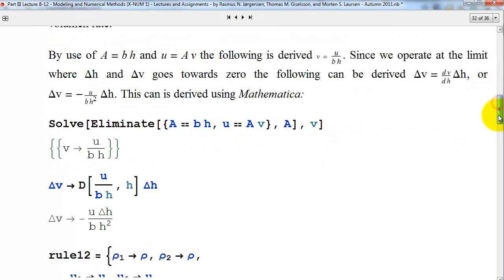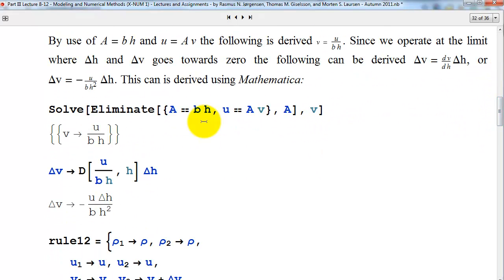So it depends on what we already saw, that it depends on the mass flow, or volumetric flow, divided by the area, then we get the speed.